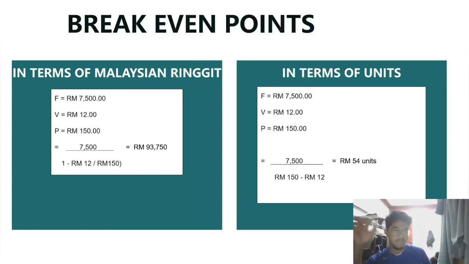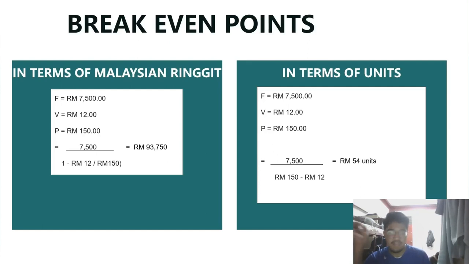To calculate the break-even point in ringgit, we divide 7,500 ringgit by 1 minus 12 divided by 150, and here we get around 93,750 ringgit. That is for Malaysian ringgit.